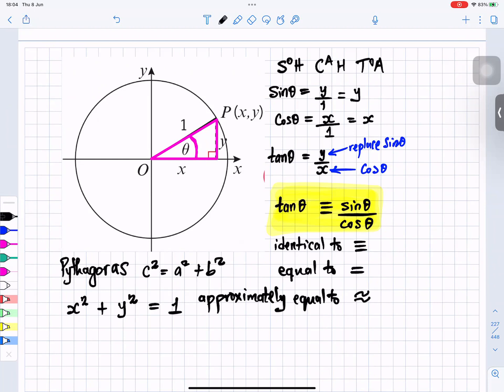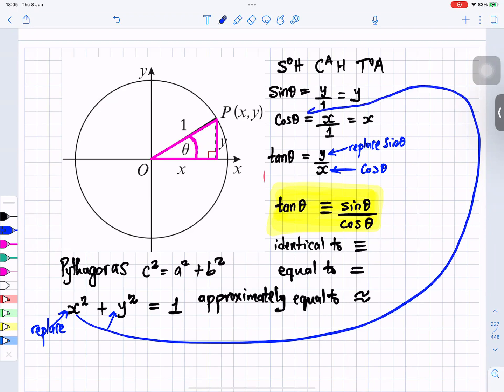Okay. Yeah. Now, x squared plus y squared equals to 1. You happy with that, Lock? Yeah. Now, we replace x. What can we replace x with? Look from the top where we started. cos theta. Yes, replace x with cos theta.